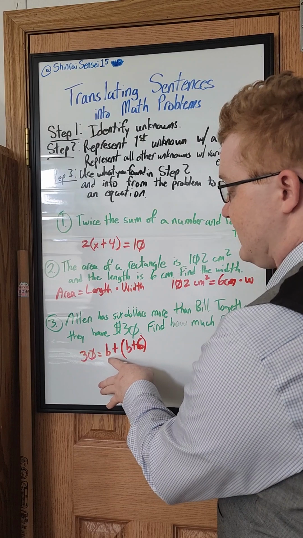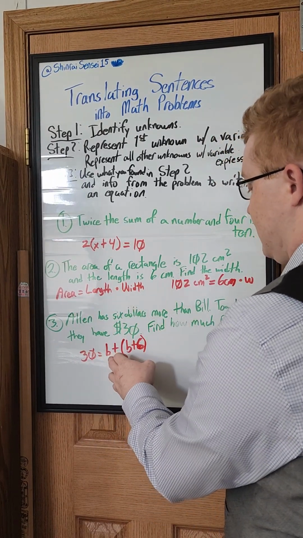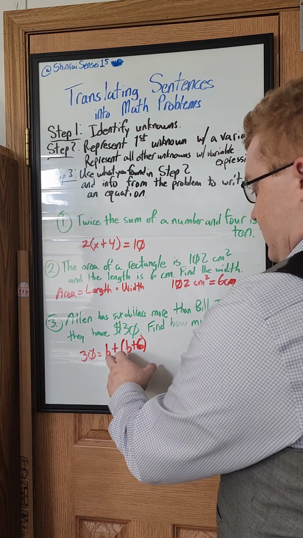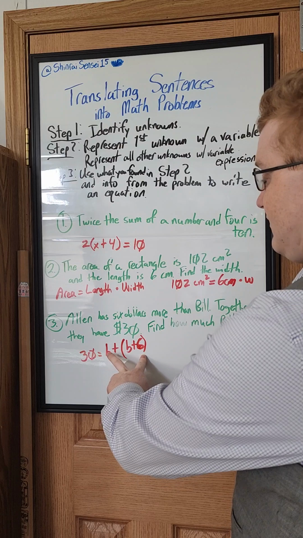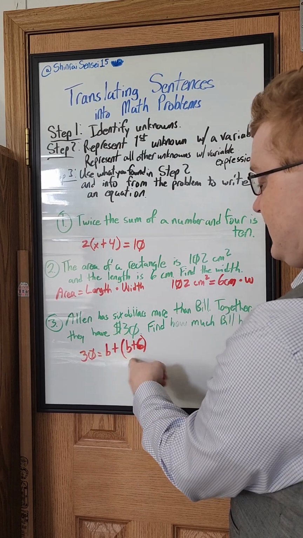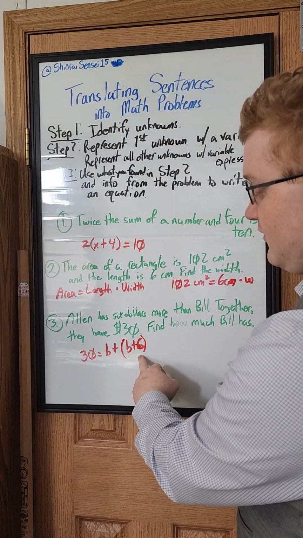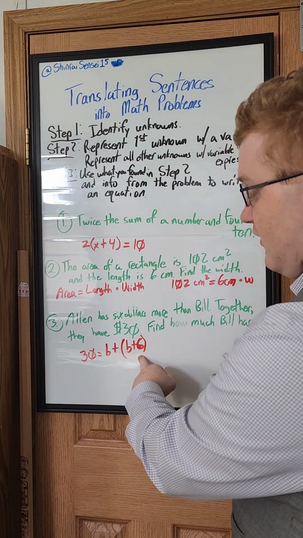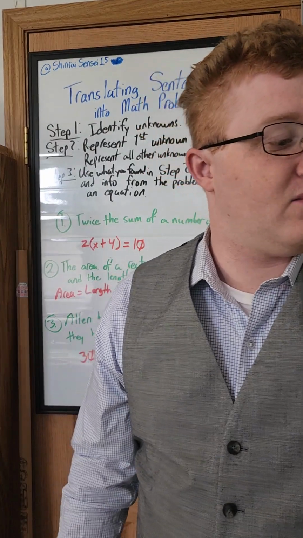So instead of using Alan as the base here, we're going to use Bill, because Bill plus $6 is how much Alan has, and Bill's money needs to be added to Bill plus 6. All right? Now, once again, you can solve this if you want to, but that's not our goal.